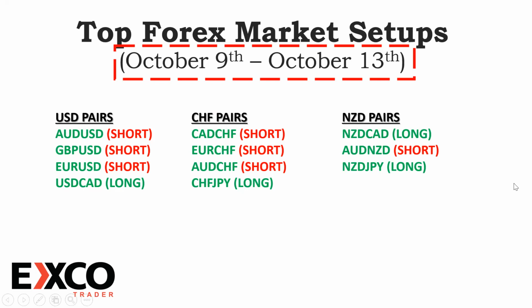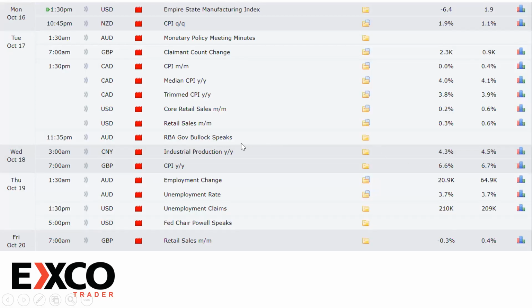All right, as always, we'd like to start off by looking at what the fundamentals are saying, and it's pretty much a clear week, although you can see lots of high impact news, but I don't believe it's going to change a lot in the trajectory of what we believe the technicals are saying and how we run our analysis. On Monday, we'll see NZD CPI data, quarter on quarter, and on Tuesday, we'll see the Australian dollar monetary policy meeting minutes coming out, then the claimant count change, and then we have CPI data affecting the Canadian dollar.